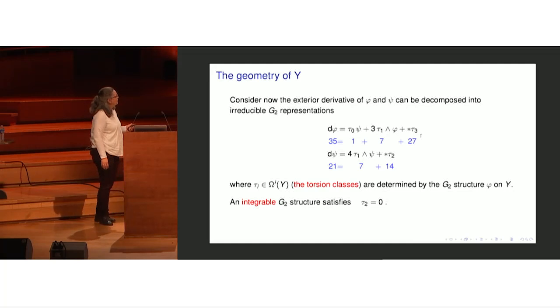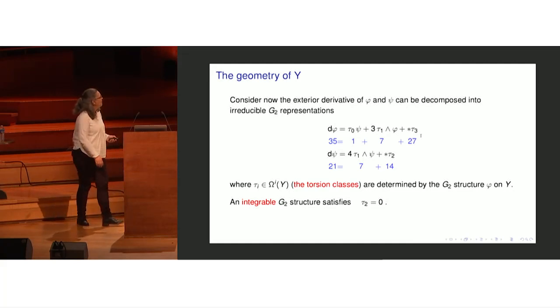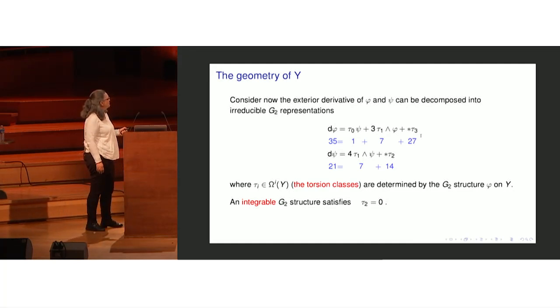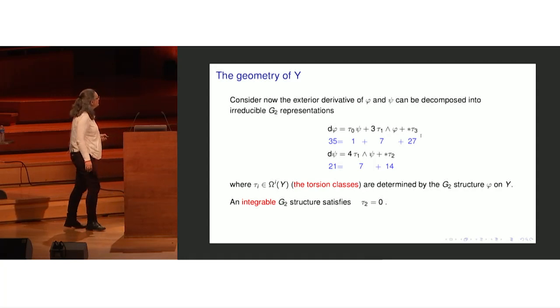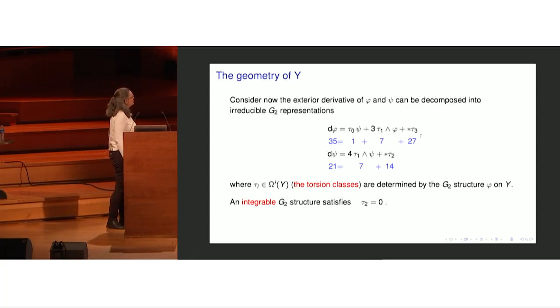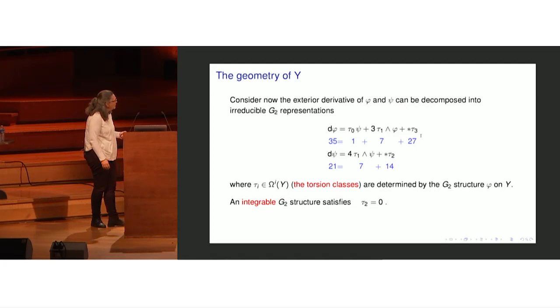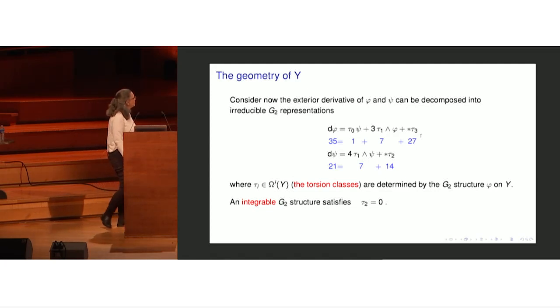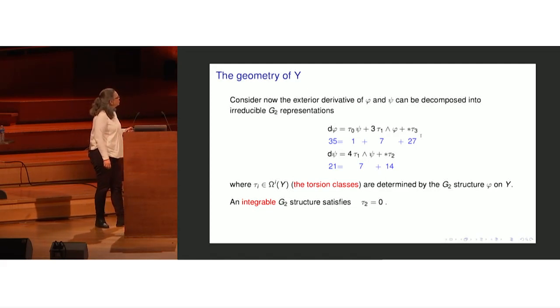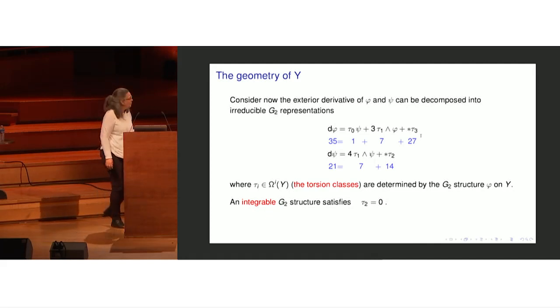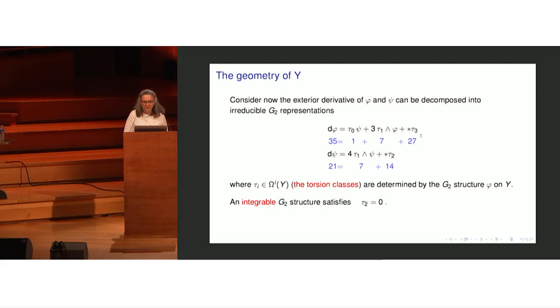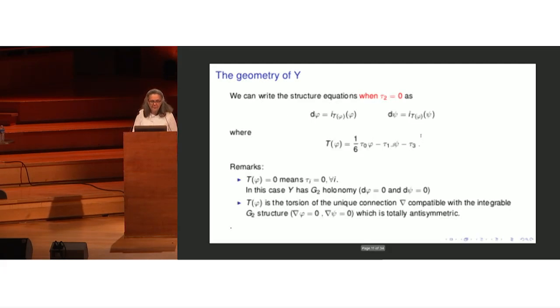Similarly for the exterior derivative of the 4-form, which decomposes into a 7 and a 14. These taus are known as the torsion classes and are determined uniquely by the G2 structure. We call a G2 structure integrable if tau 2 is 0. The reason it's called integrable will become clear in a moment.